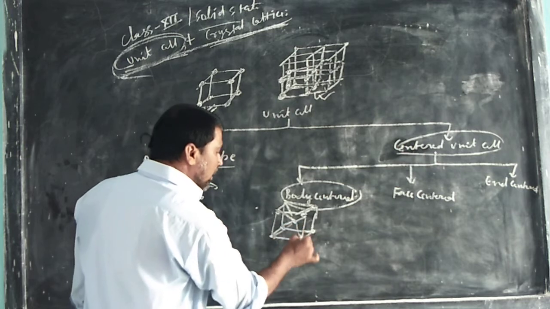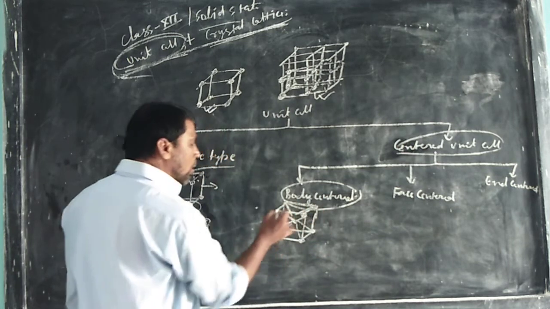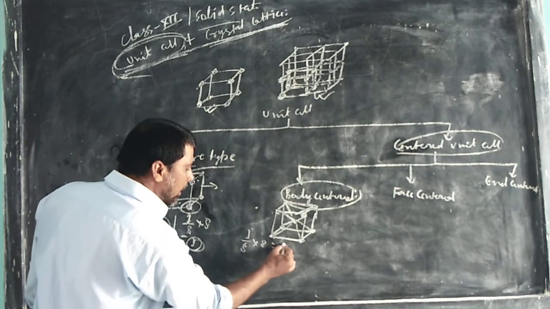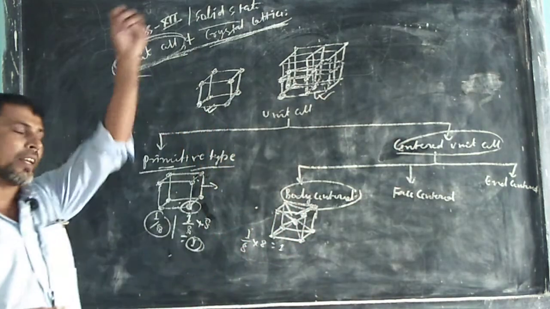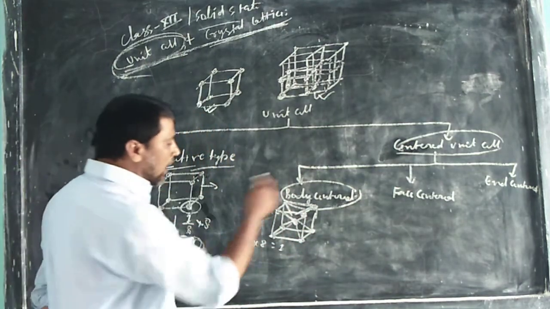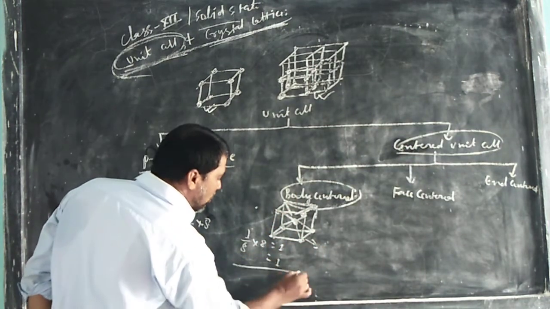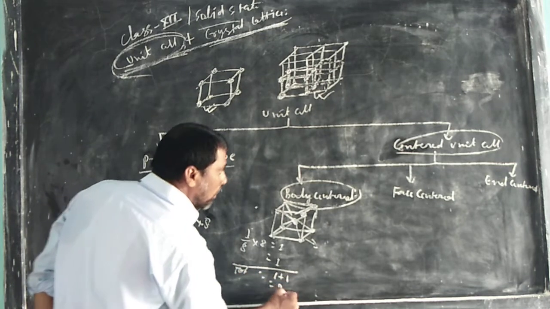The corner particles contribute 1 by 8 into 8, that is 1, and the particle located at the body position completely contributes to this unit cell. So, total contribution will become 1 plus 1, that is 2.